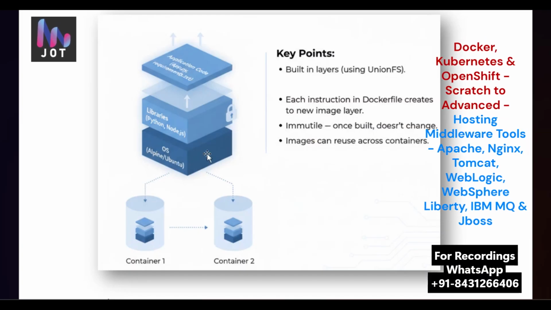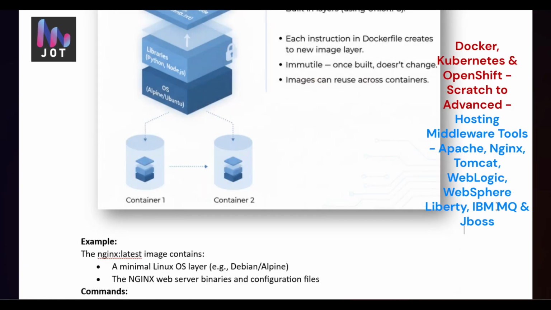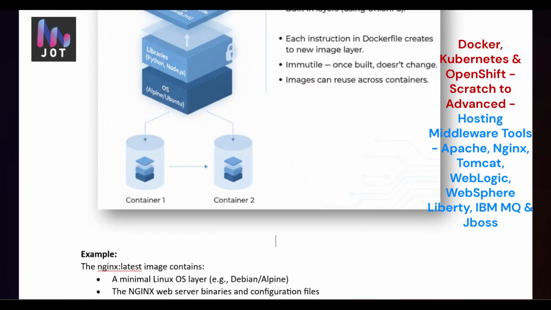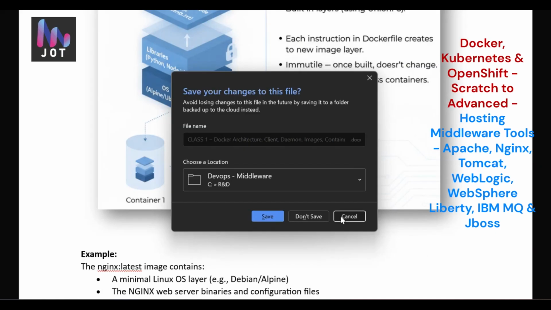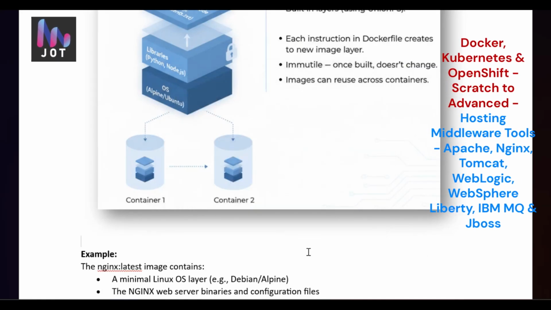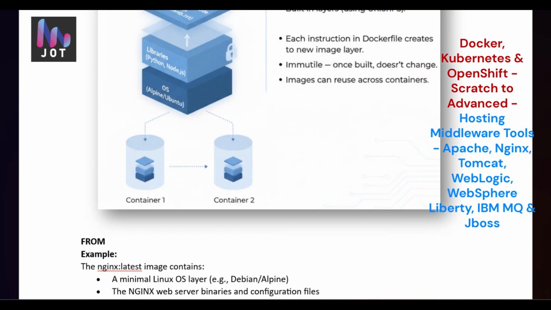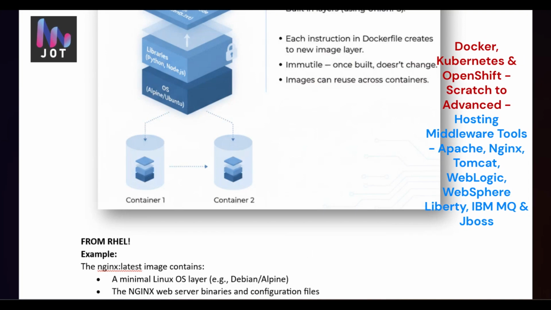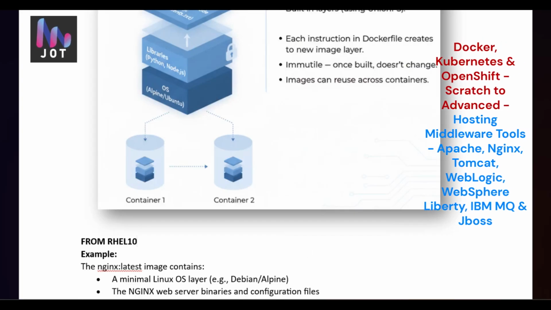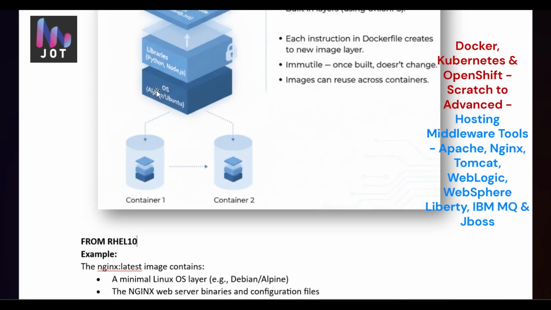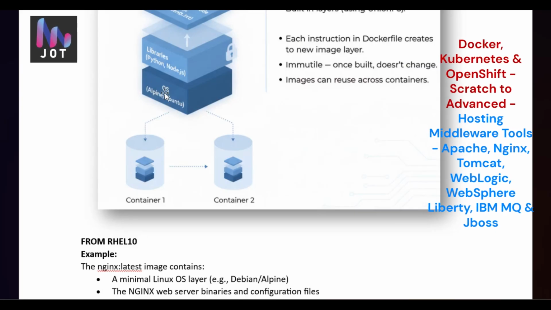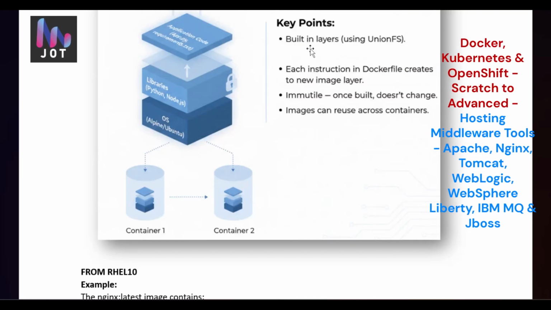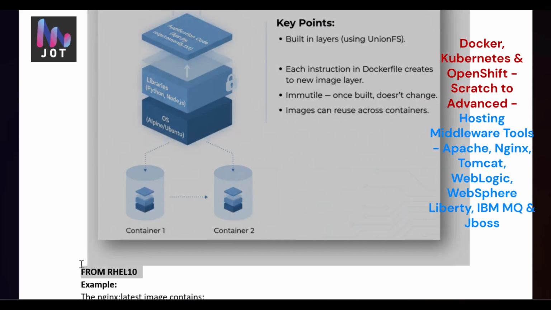Let us say you have given an instruction called FROM RHEL 10. This is the first instruction in the Dockerfile. Here, the base image is created, the first layer at the bottom of the file system. What does it mean?